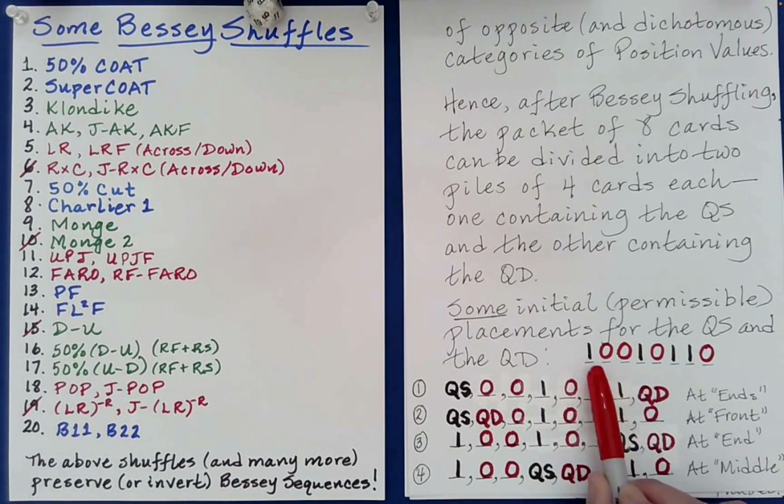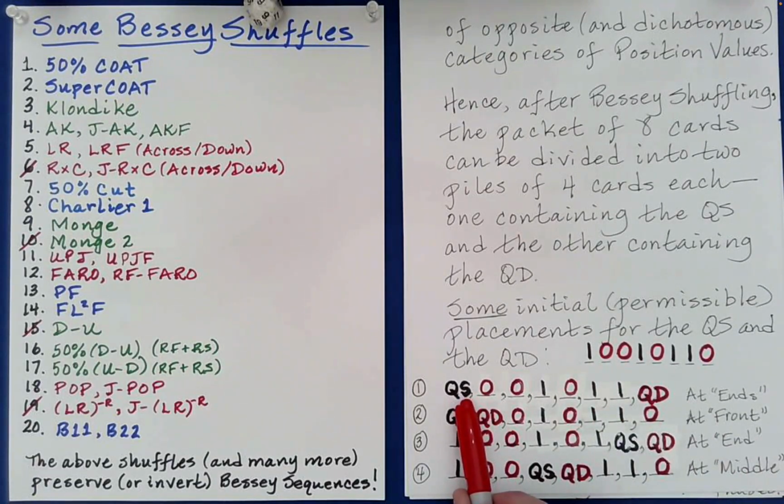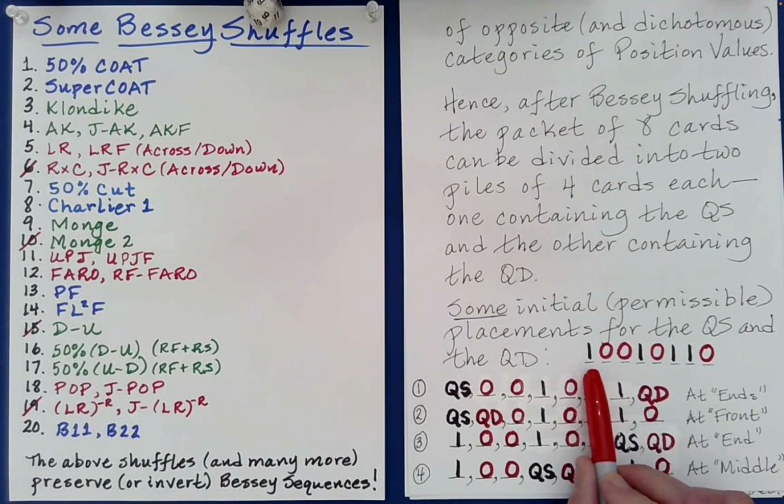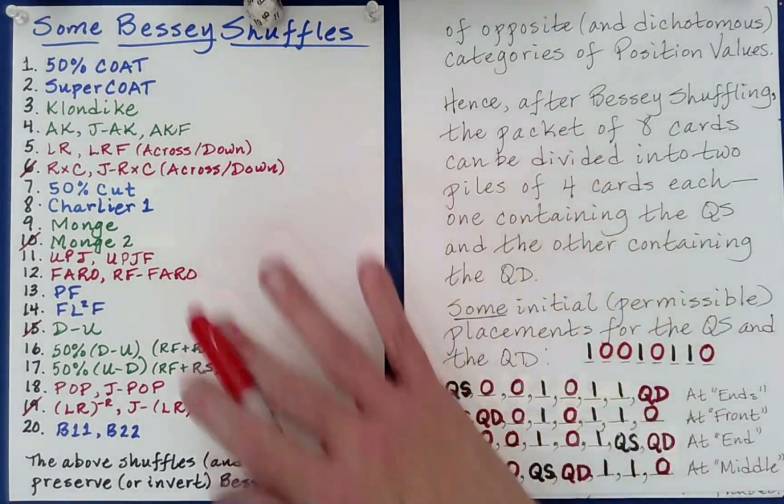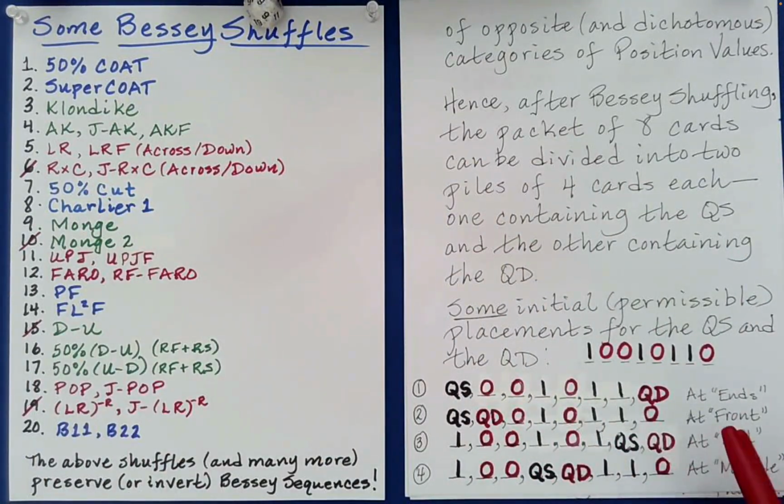But really, wherever you put the Queen of Spades, the Queen of Diamonds needs to be in a position of opposite value when it comes to the 0s and 1s. So if you put the Queen of Spades here, that's in a position occupied by a 1, so that means you could then put the Queen of Diamonds in the final position, which is occupied by a 0. Okay? And in the end, those will be separated despite all of the randomization that we could do.